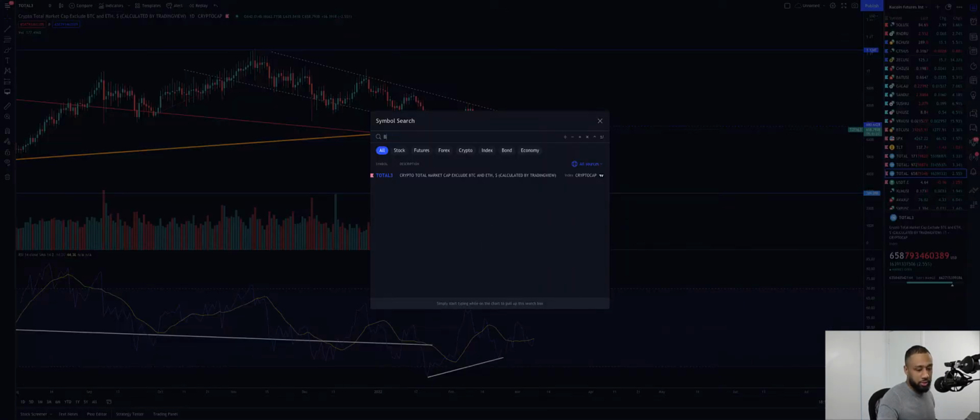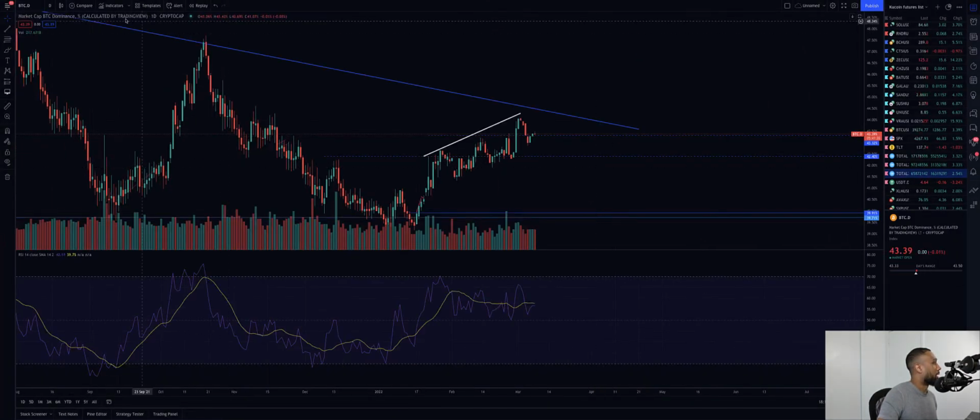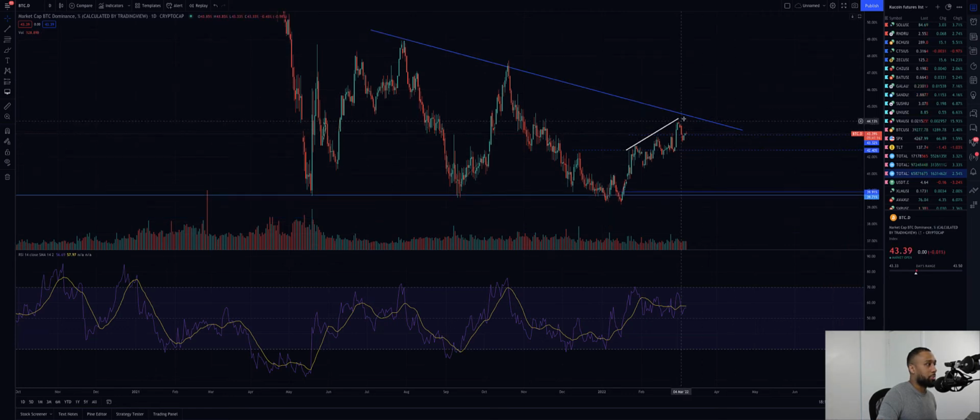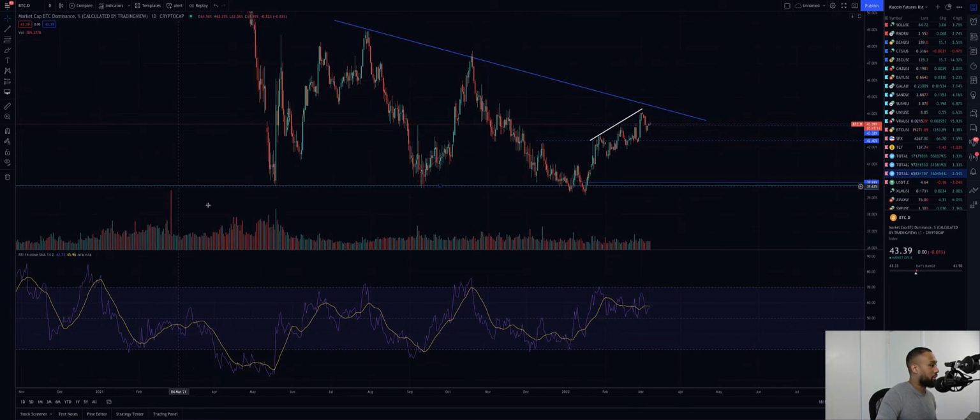Last chart I'd like to show you guys is the Bitcoin dominance chart. So as I said, I didn't think we had enough juice to get to the top of this pattern, as it looks like we have a nice bearish divergence here. And if we break down, that'll be great. If we break down, alts will do well, which is great.